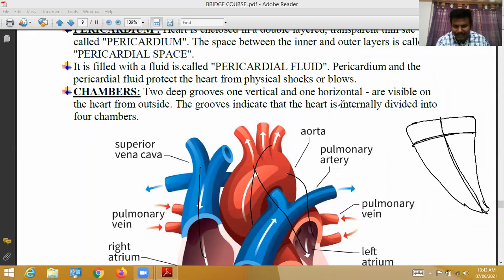These grooves indicate that the heart is internally divided into four chambers. It is divided into right and left.